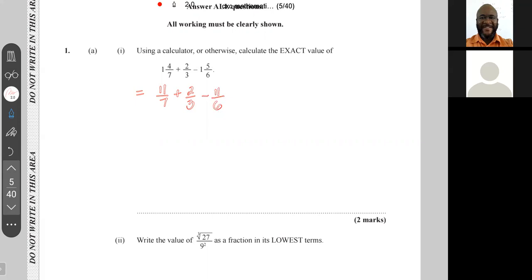Now, if I'm adding or subtracting fractions and the denominators are different, I must find the LCM. So I need the LCM of 7, 3, and 6. I think the LCM for 7, 3, and 6 is 42.